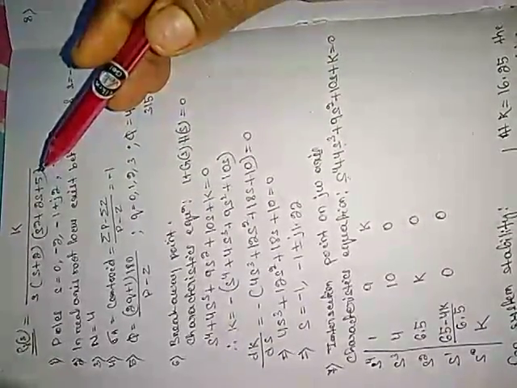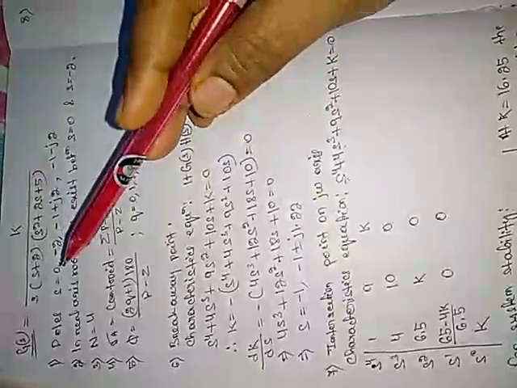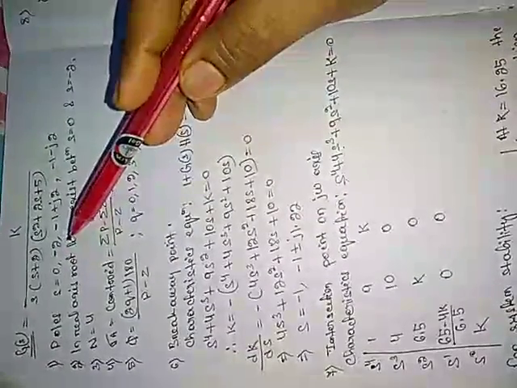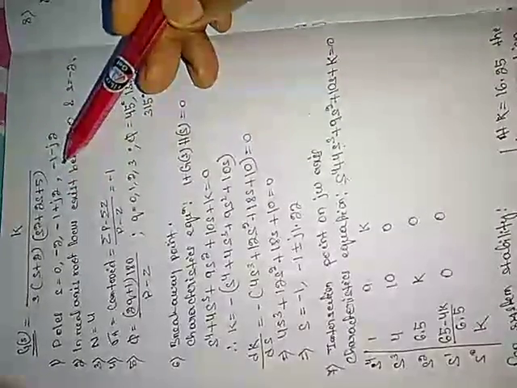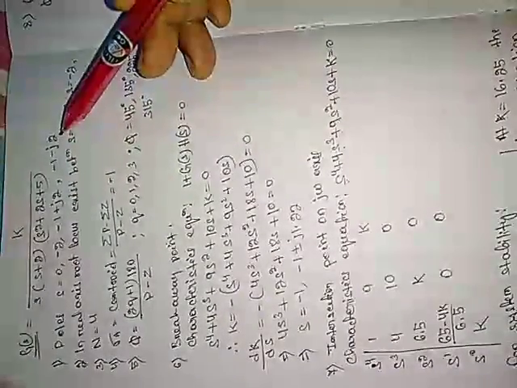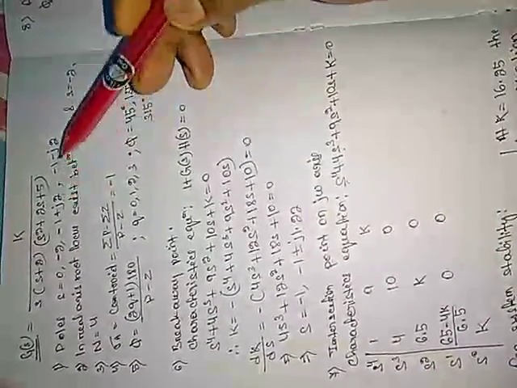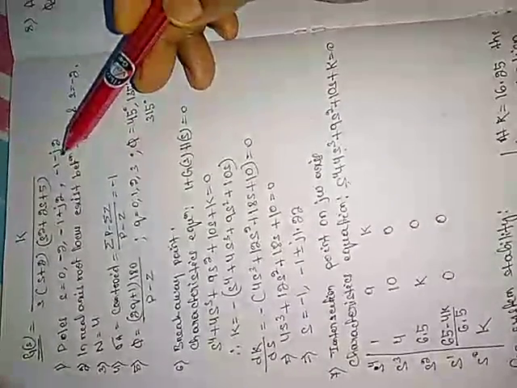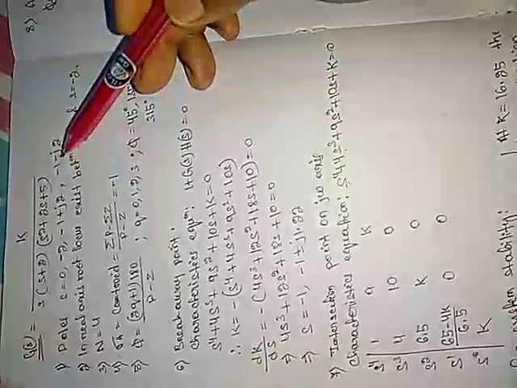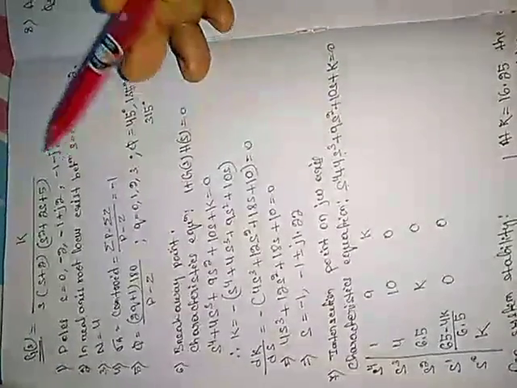For this given transfer function, the poles are at 0, -2, -1 plus j2, -1 minus j2. It means one pair of complex conjugate poles is there. After finding these poles, you locate them in the S-plane.